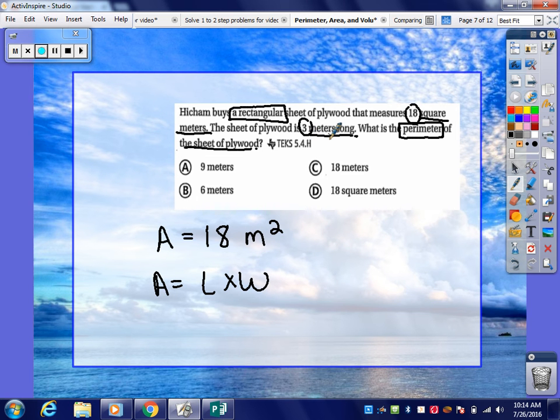So we'd have the length as 3. But we want it to equal 18. Since our area is 18, we want our formula to equal 18. So 3 times what is 18? That's 3 times 6.